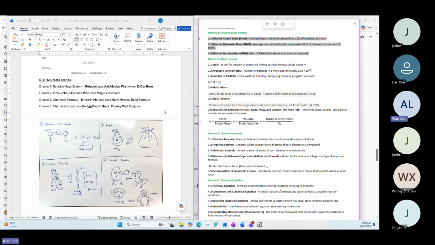So let's go to then the relationship. I did not put it inside the story, but I think by now you should have some understanding of this relationship between particle, mole, mass, and volume. If not, don't worry. You still have your ChatGPT, right? Just copy or screenshot and send it to ChatGPT and ask very simply: explain to me in a simpler way.